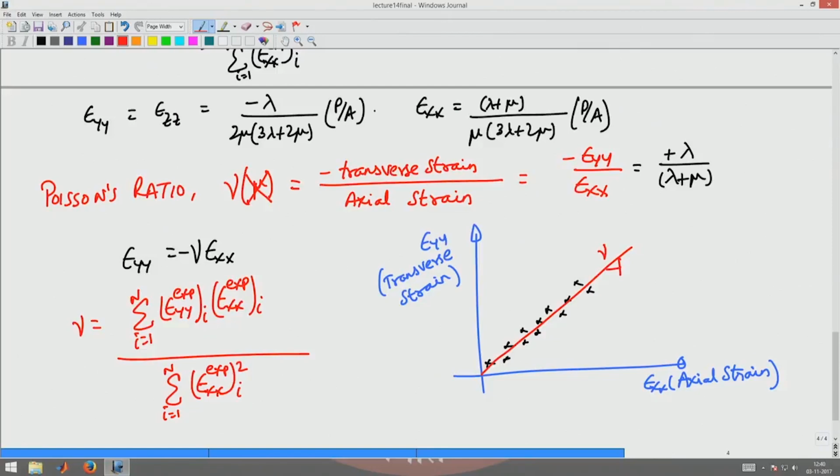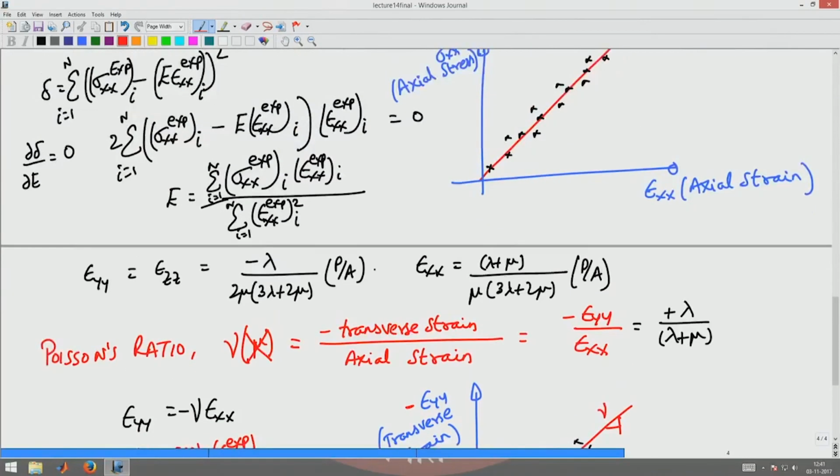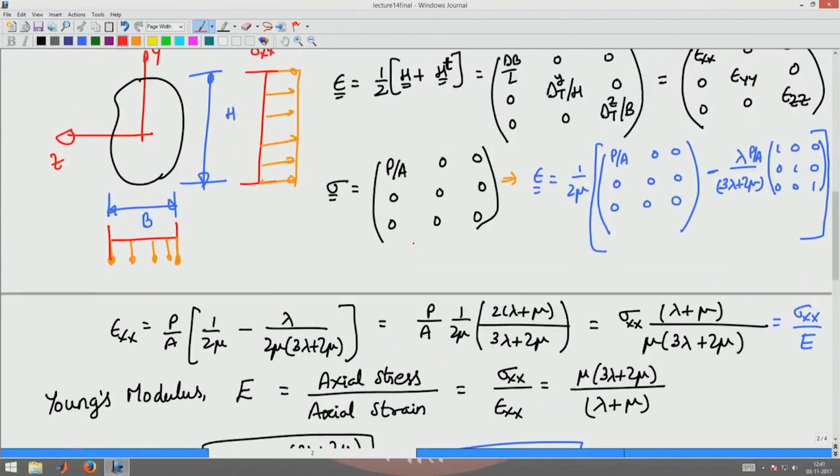Okay. Negative slope here though, okay, because this will be in the third quadrant. Actually this is plotting negative of epsilon yy. Okay. So that is going to give you the expression for the Poisson's ratio. Now there are two ways by which you can measure the strains epsilon xx and epsilon yy.